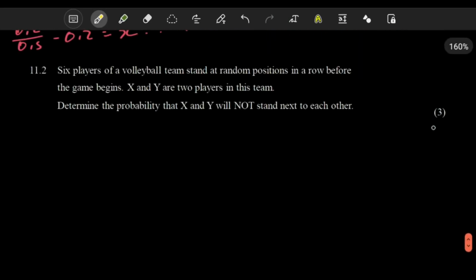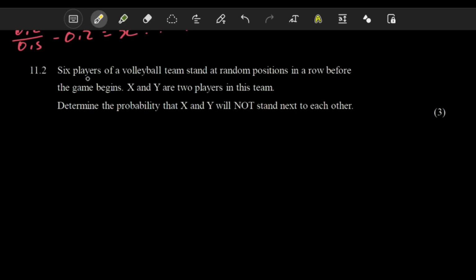For 3 marks here, they said 6 players of a volleyball team stand at random positions in a row before the game begins. Normally, as I'm reading the question, I like to draw pictures to help me eventually answer it.